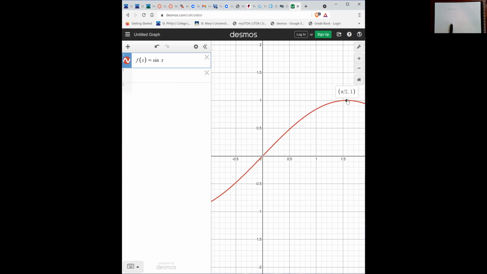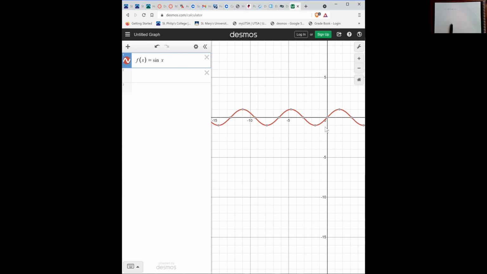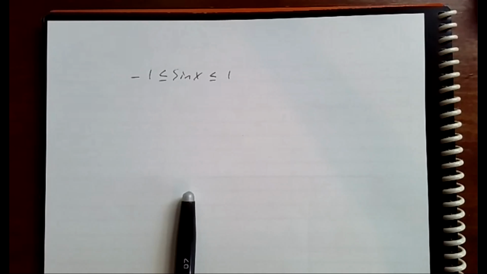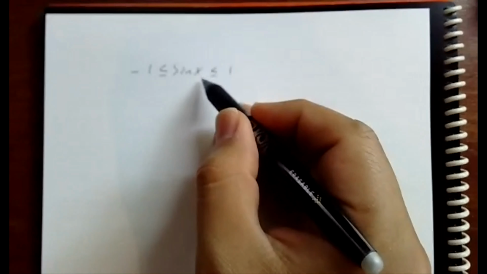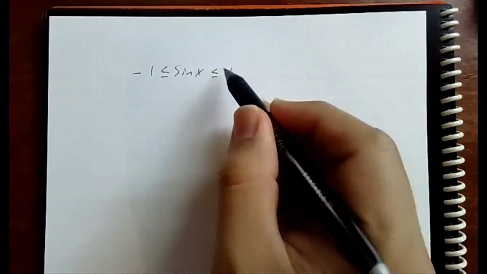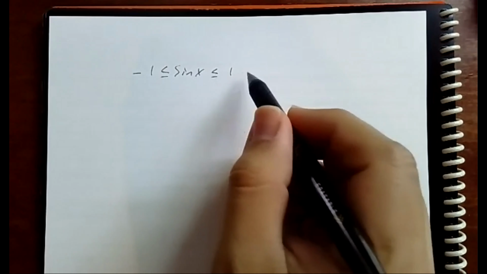So the highest it ever gets is 1, and then it starts to repeat itself forever. The lowest it ever gets is -1. So the sine function is bound between 1 and -1 forever. That is the range, the lowest and highest points. Which is why I said over here that sine of any x will always be between 1 and -1. Do you agree with this statement?